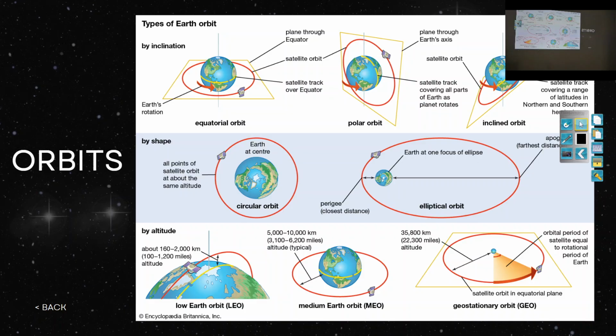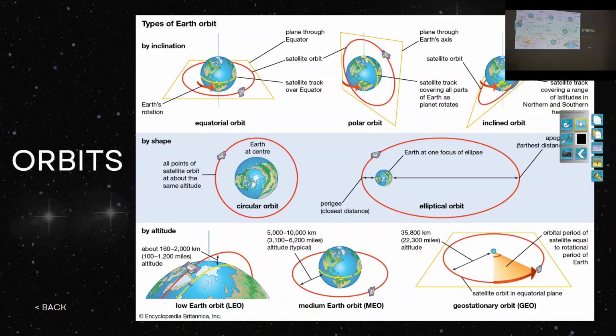Next you have the polar orbit, that passes near the earth's poles.